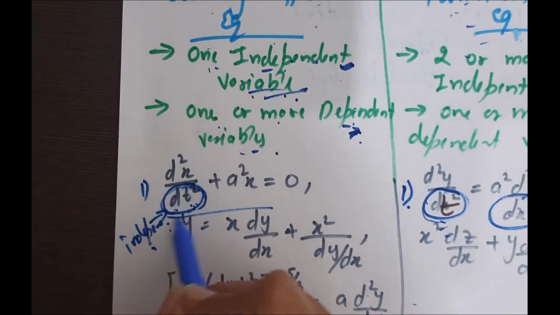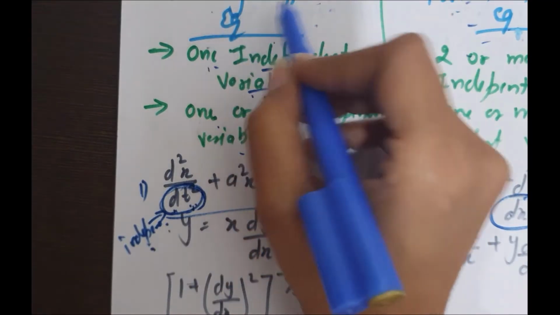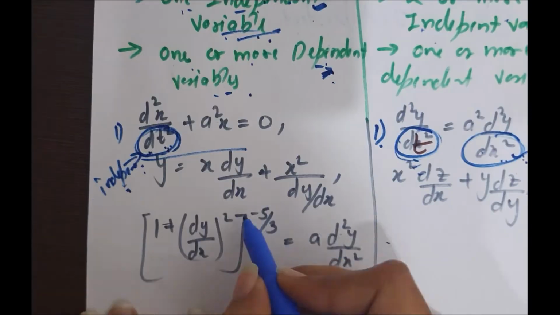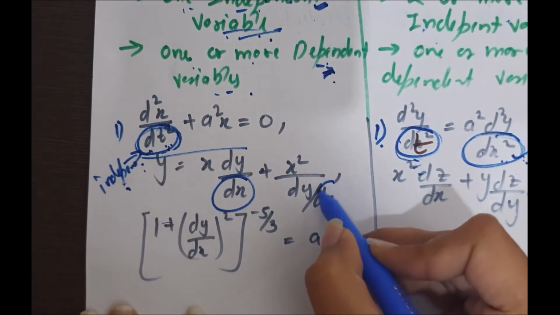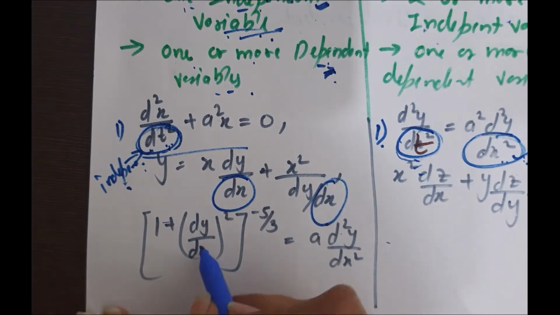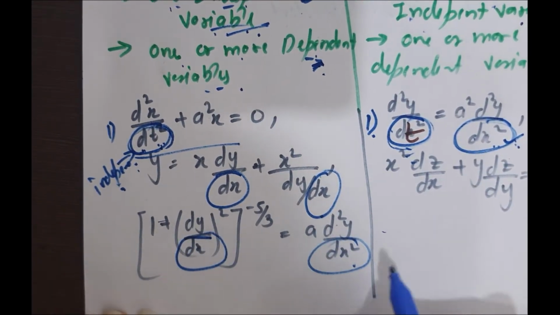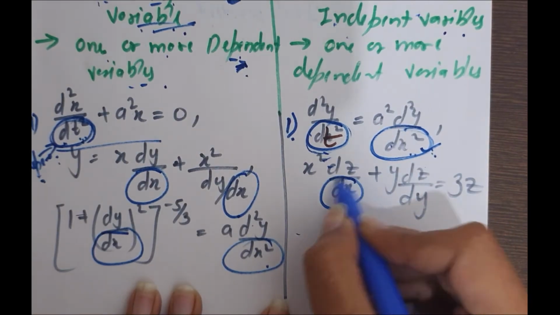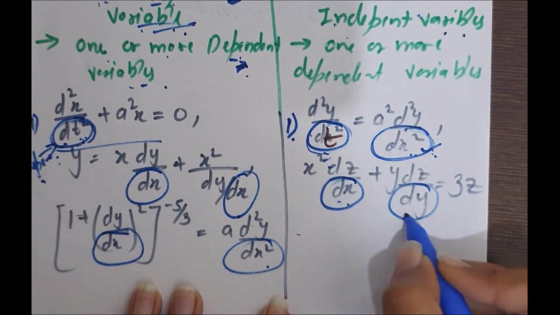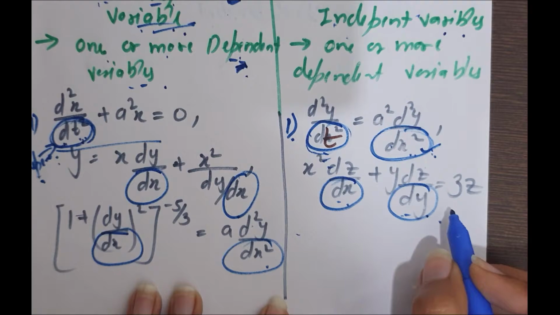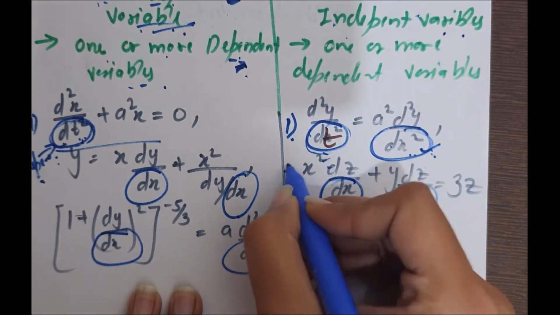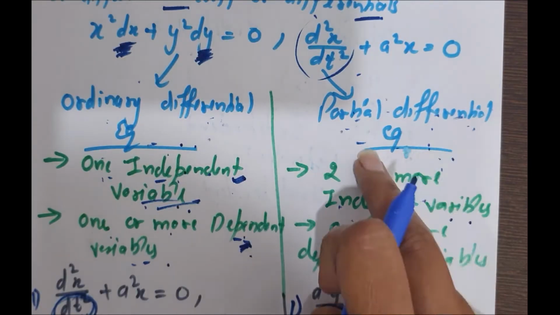Here it has one independent variable, so it is classified as an ordinary differential equation. Here also only one independent variable is there, and here also only dx. Here also dx and dy, two independent variables are there in one equation, so it is classified as partial differential.